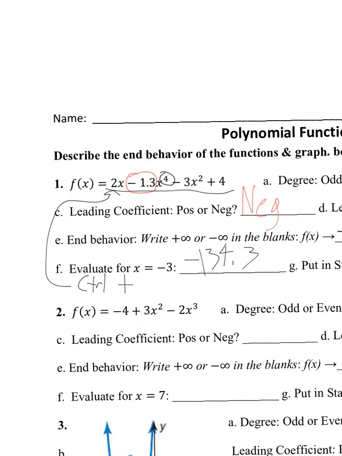And then I do ask you to put it in standard form for the last blank here. So the last blank, put in standard form, let's just rearrange it. You want your powers to go in descending order. So I'm going to put this first, then I'll put this second, this will come third, and then this will come fourth.